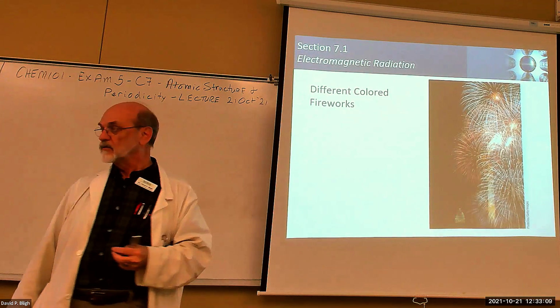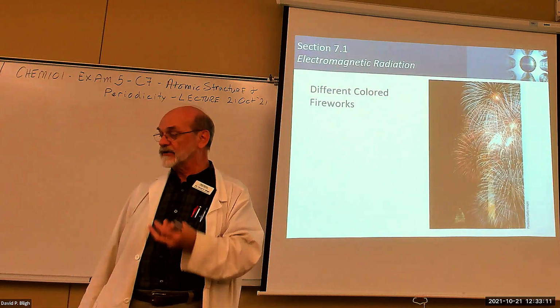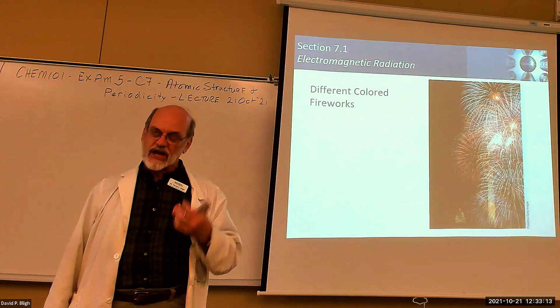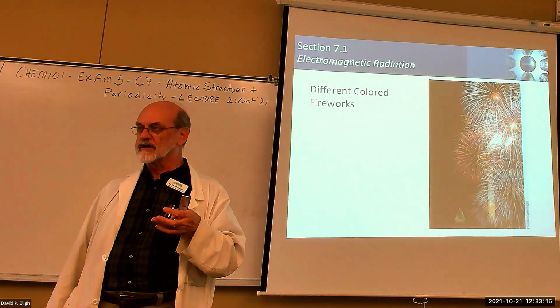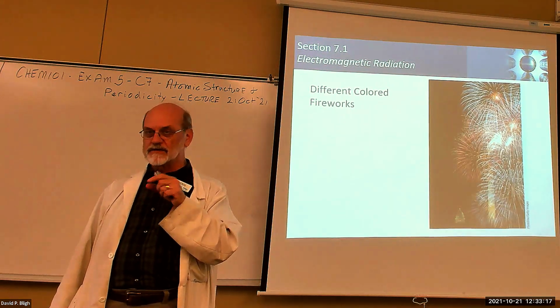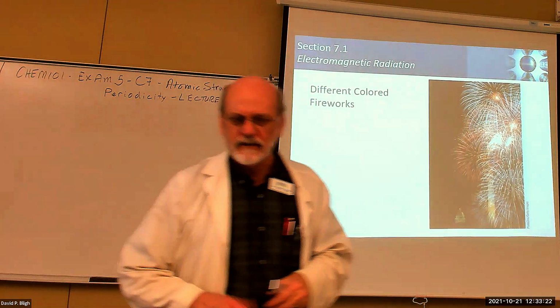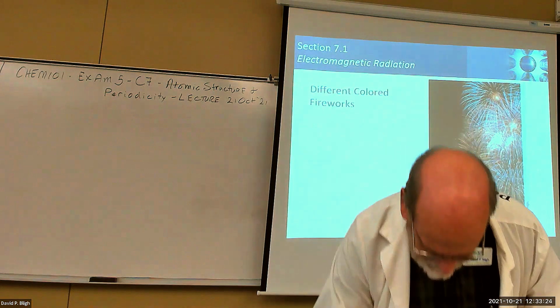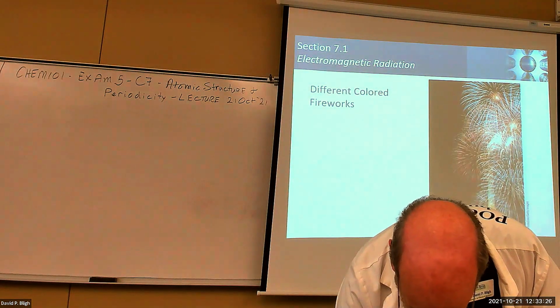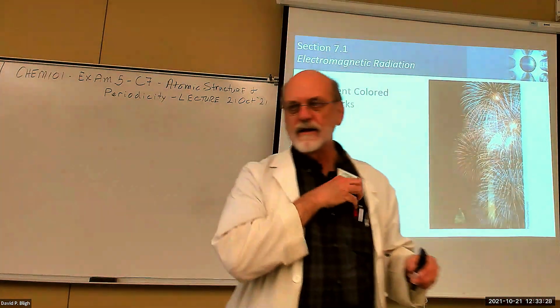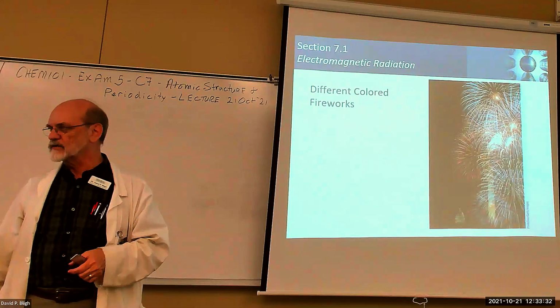Fireworks will emit colors. They're designed to do that. And we change the color of the explosion by the element that's incorporated in the package. Here's Elijah. The easiest colors to produce in fireworks are yellows and oranges.